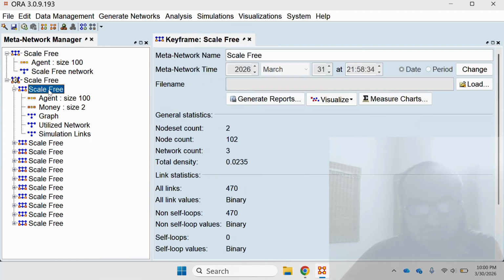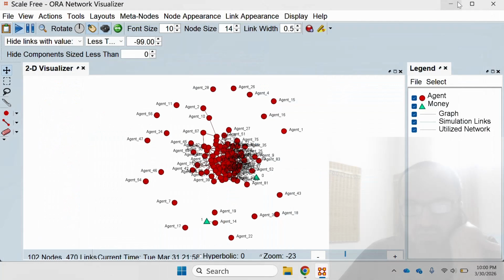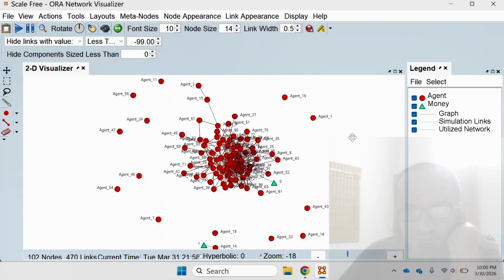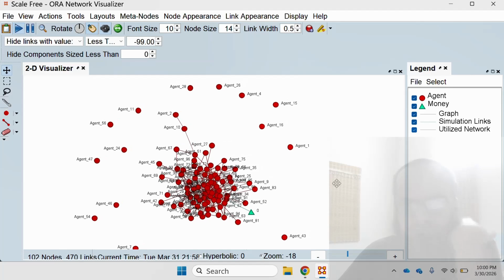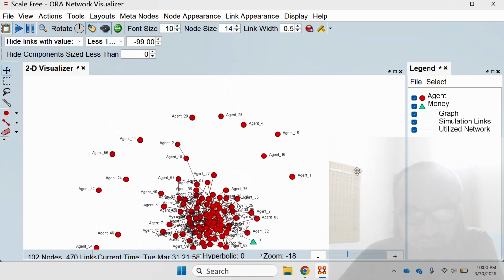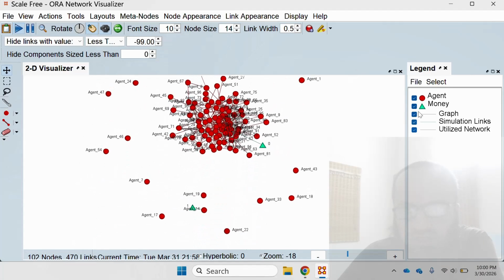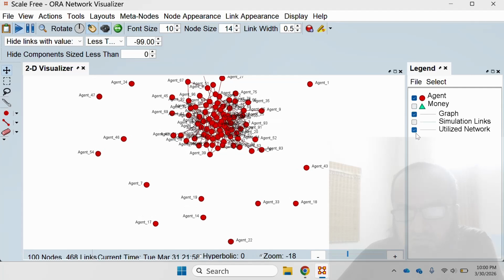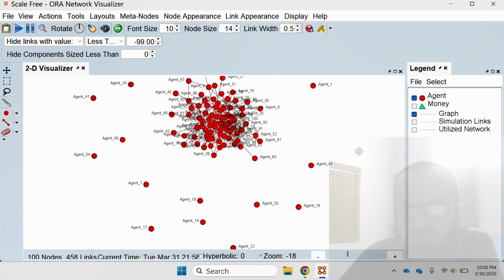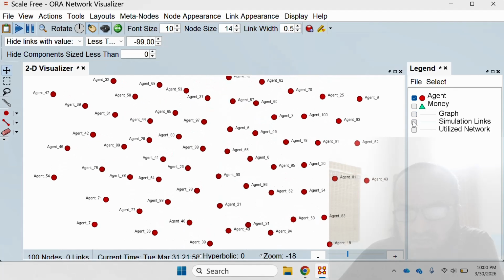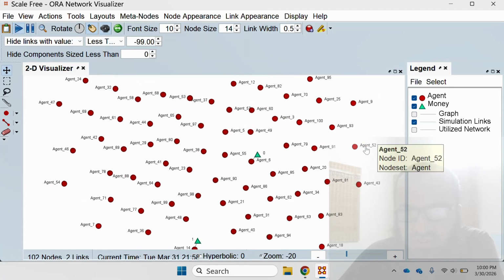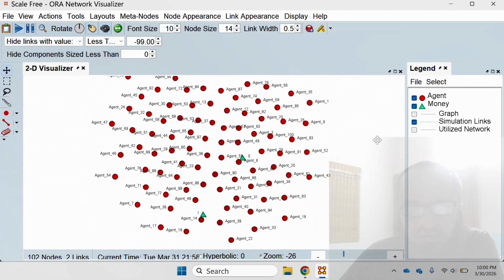Let's visualize this. These are the nodes, and if we take this away, this is the original graph. If I click this, this is the network on 31st of March.